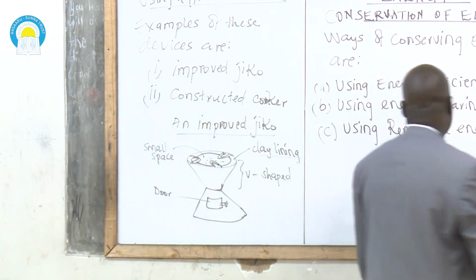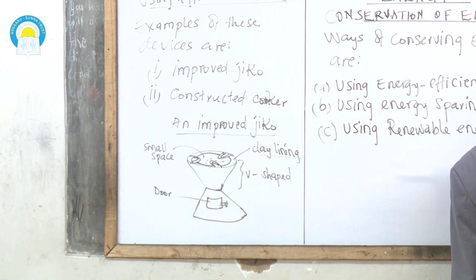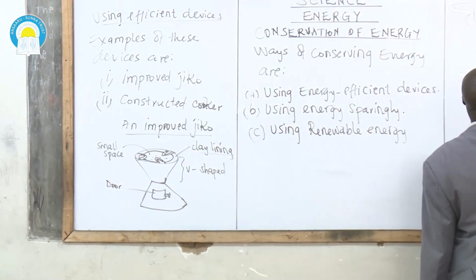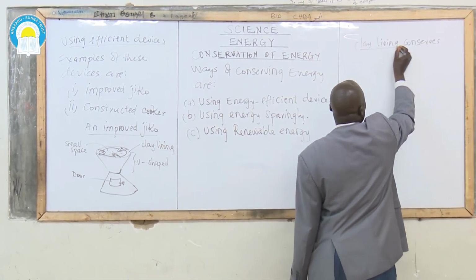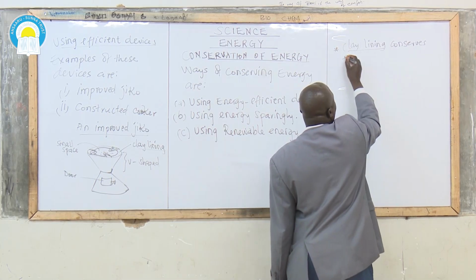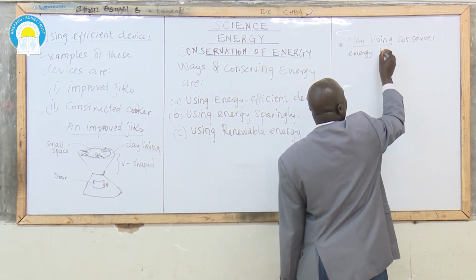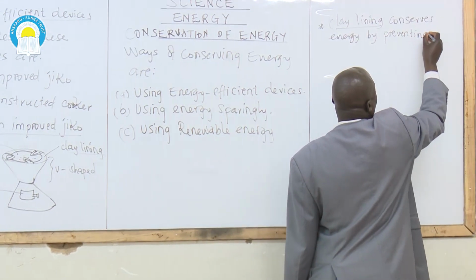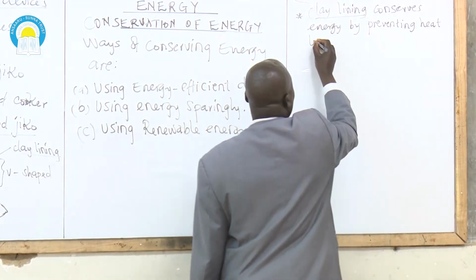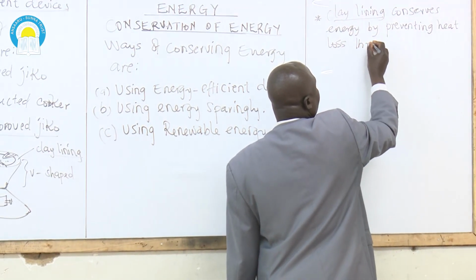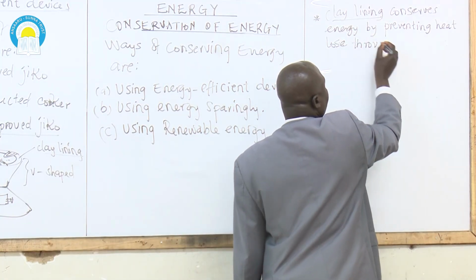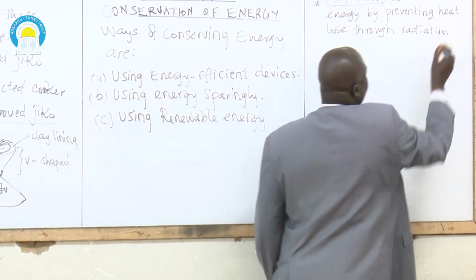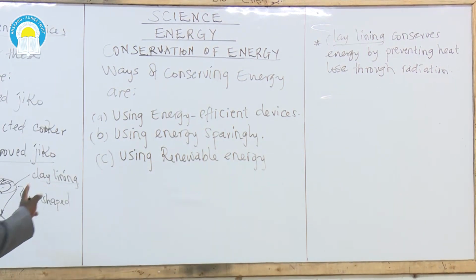Therefore, we can write down: the clay lining conserves energy by preventing heat loss through the radiation process. That is how the clay lining assists in conserving energy.